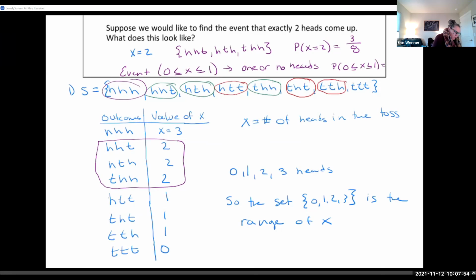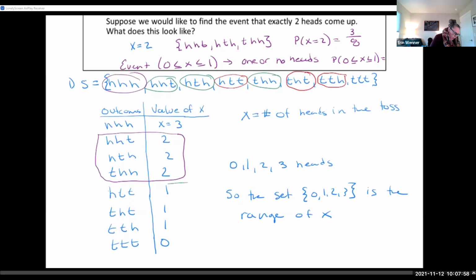Why is it 1/2? Well, 0 or 1 heads is this whole section of our table. We can see there's 4 outcomes, 4 out of the 8 outcomes, which is 1/2. So what we're doing here is defining our variable x to represent something, and then we can use that to find probabilities because we are setting up parameters for it.